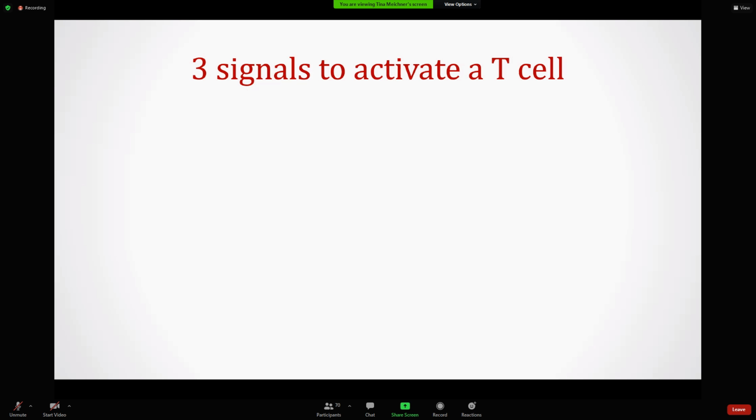That would be kind of the third signal. What needs to happen so that a T cell actually starts to do anything? What needs to be present? Yeah, an antigen. And who's presenting the antigen? Yeah, dendritic cells. So basically interaction between the MHC and peptide, which in this case is usually antigen. That's the first thing that needs to happen.